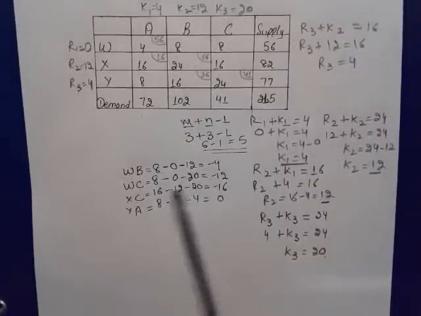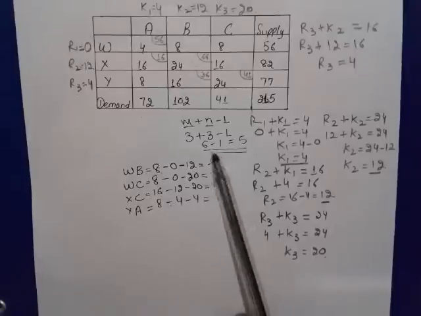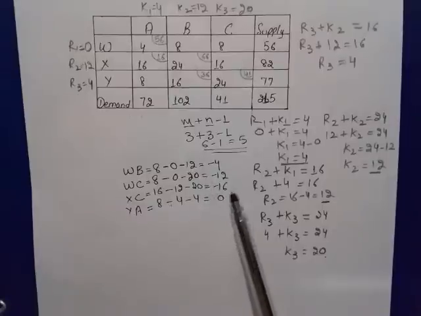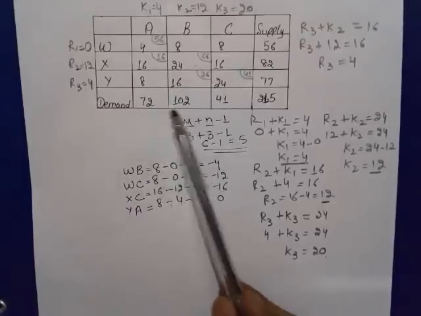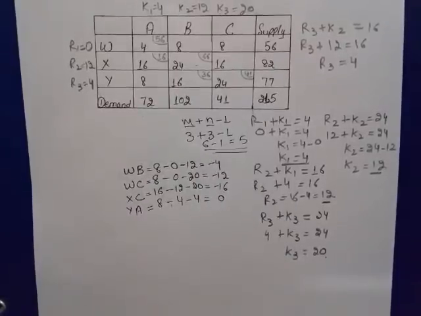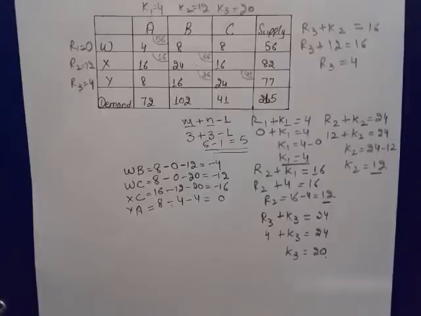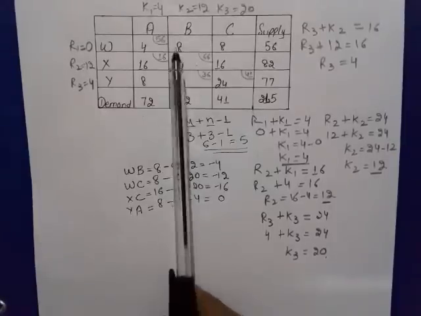These are the unoccupied cells, and these show that there is a reason to believe that the answer which we have got from the basic solution is not optimized. That is, there is something to be corrected by using the unoccupied cells.